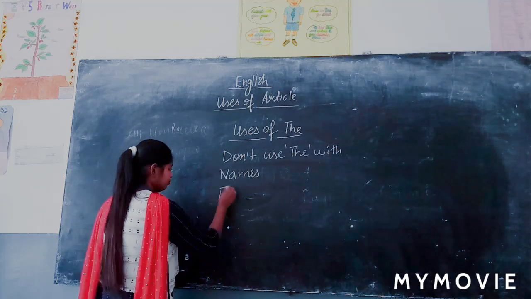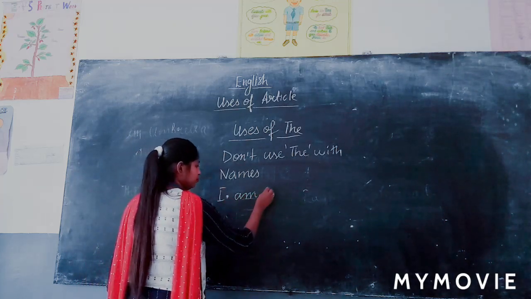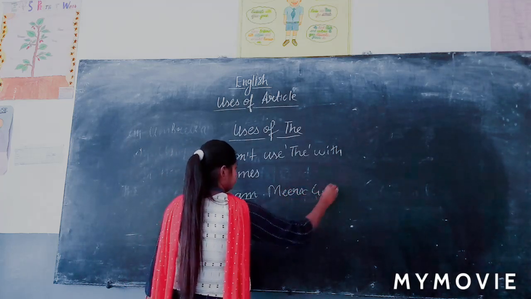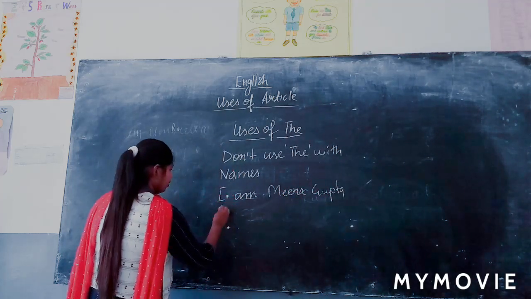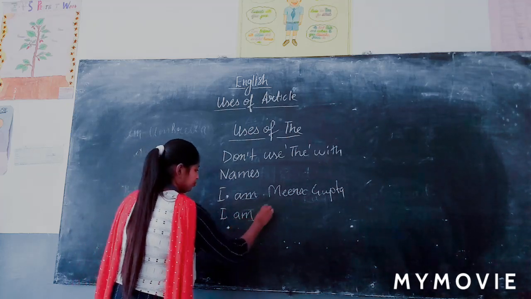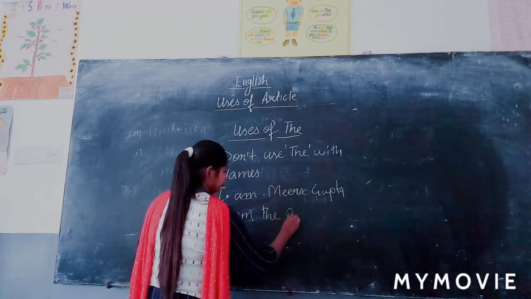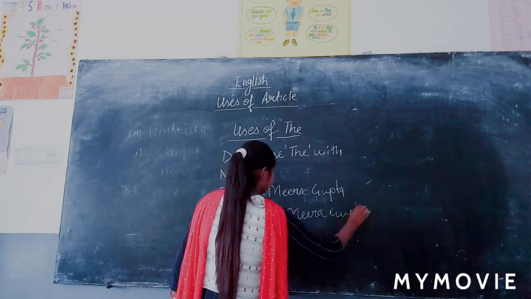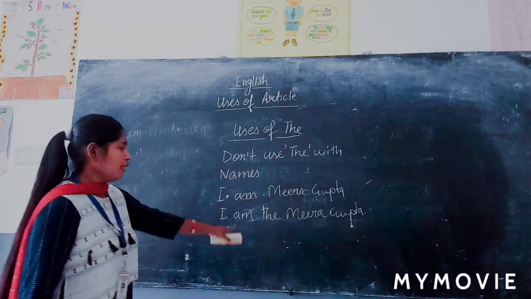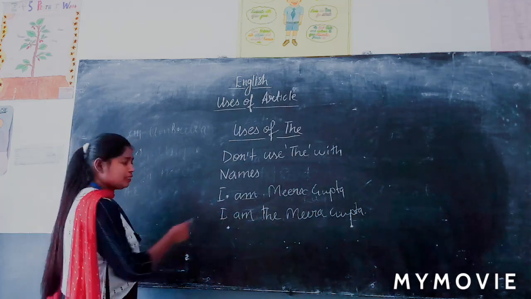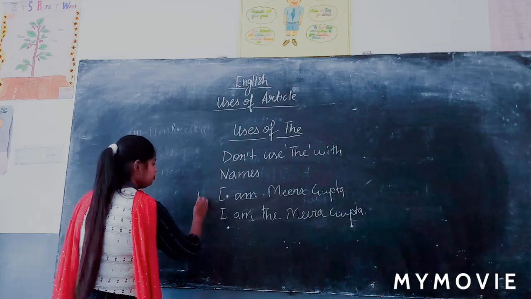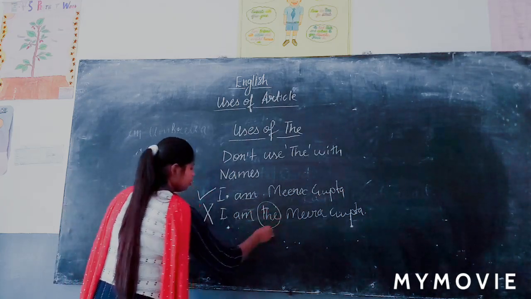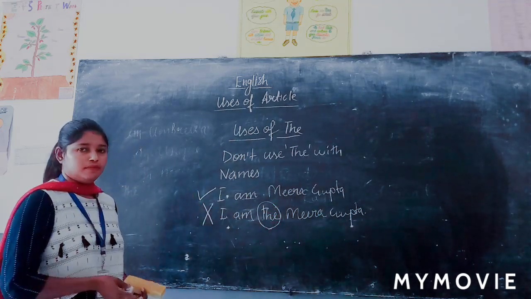So I will write I am Meera Gupta, not I am the Meera Gupta. Here, which statement should be correct? This one will be wrong because the is not used with names.